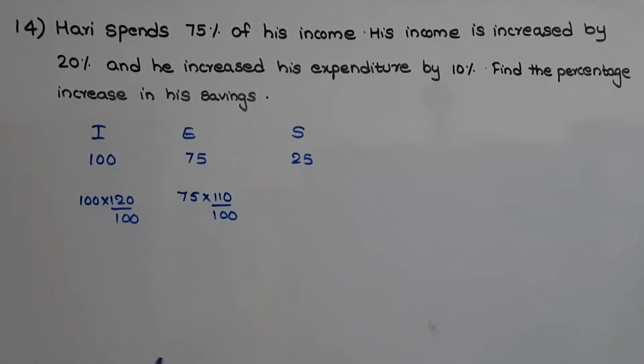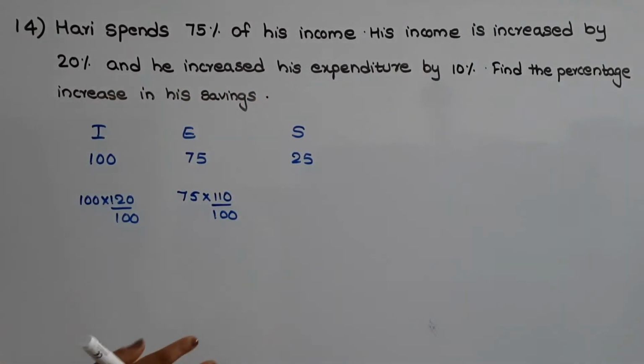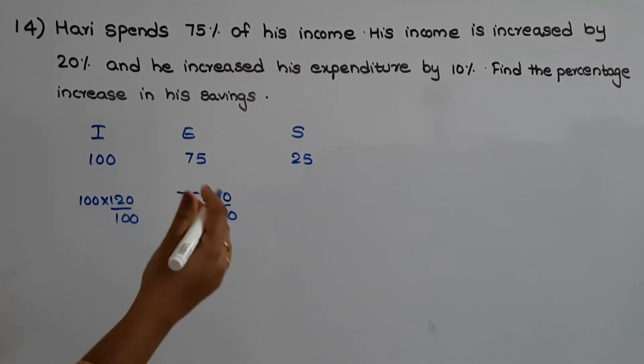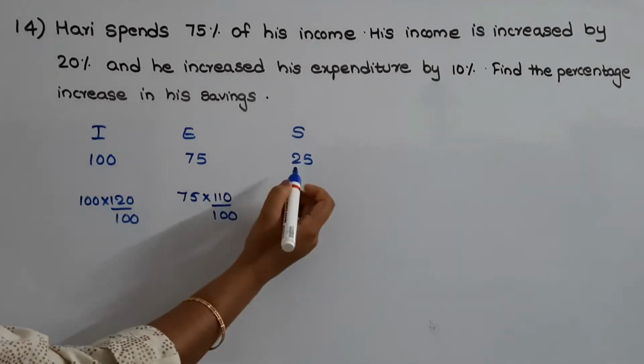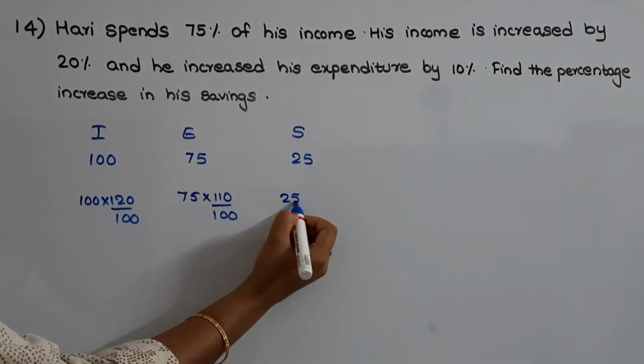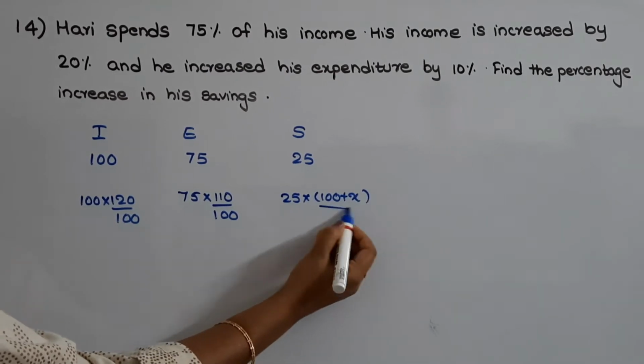We need to find out by what percentage the savings has increased. Let us consider the savings has increased by X percentage. So the new savings will be equal to 25 into 100 plus X divided by 100.